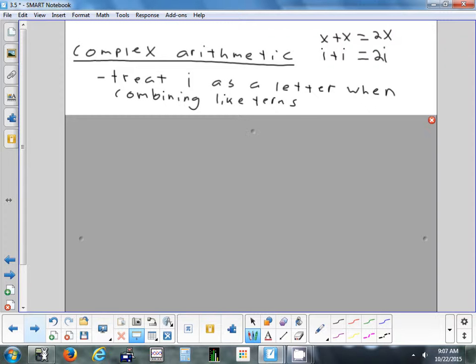It's 2i. So you can treat i as a letter. I want you to remember, though, in math, i is not a letter. i stands for something. It stands for the square root of -1. It's kind of like saying pi is a letter. Well, true, in the Greek alphabet, pi is a letter. But in math, pi stands for a number, 3.14. Same idea.